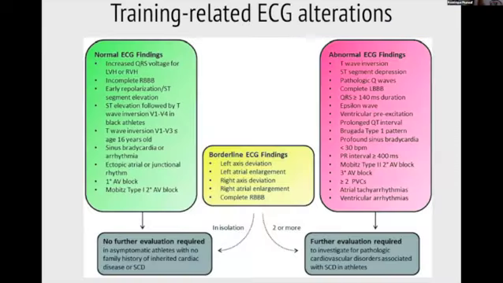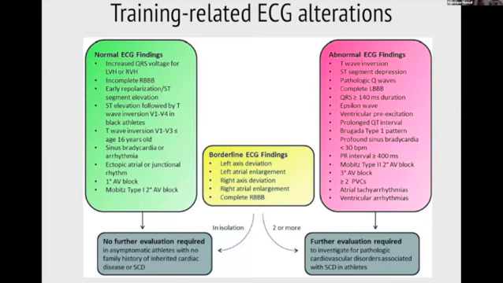Okay, so next, training-related EKG alterations. Regular exercise is associated with enlarged cardiac chambers and increased vagal tone that manifests as specific electrical manifestations on EKG, and it can be normal in athletes.